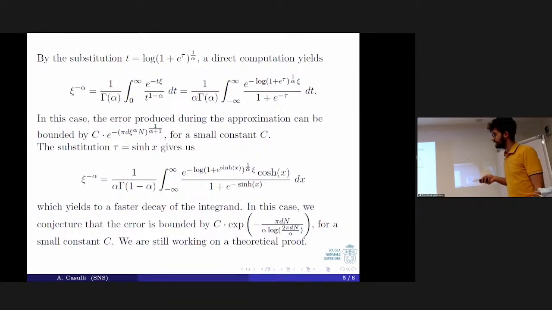And with this substitution, the principal advantage is that we have an integrand that decays doubly exponentially. And so we conjecture that the error in this case can be bounded by c times the exponential of minus n over the logarithm of n for a small constant c.